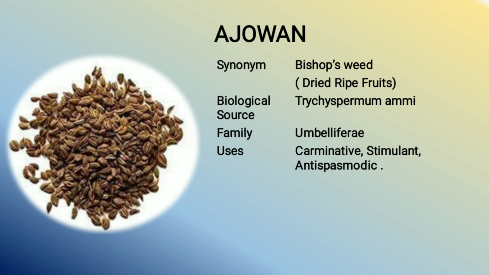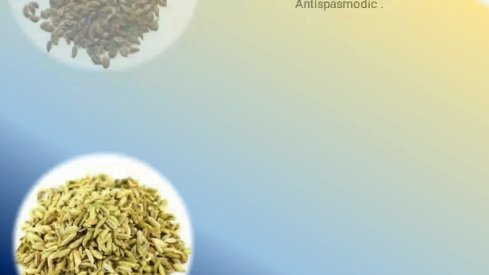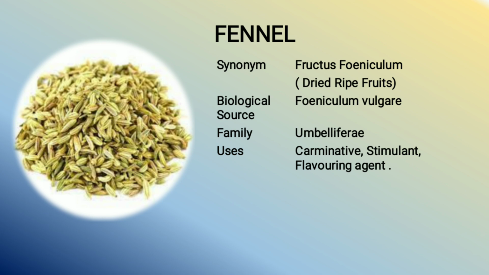Moving to the next one. So this next image is of, yes, do you know this? Yes, you might be knowing this, right? So it is the image of fennel, right? And here are the synonyms and other parameters about this drug. So fennel, that is saunf, right?